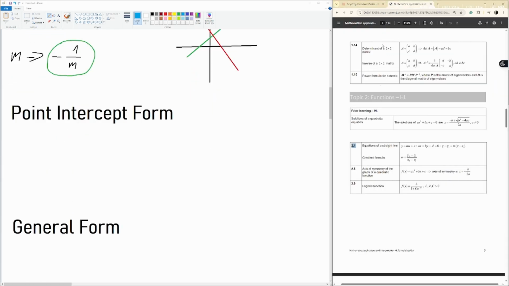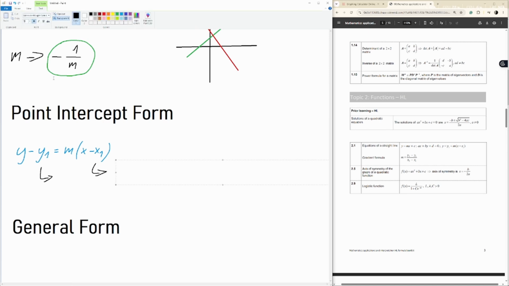The point-gradient form is also given in your formula booklet. It's this one here. And you know this as y minus y1 is equal to m times x minus x1. This is one of the easiest parts, I think. Here y1 and x1 are just one selected coordinate of the function.